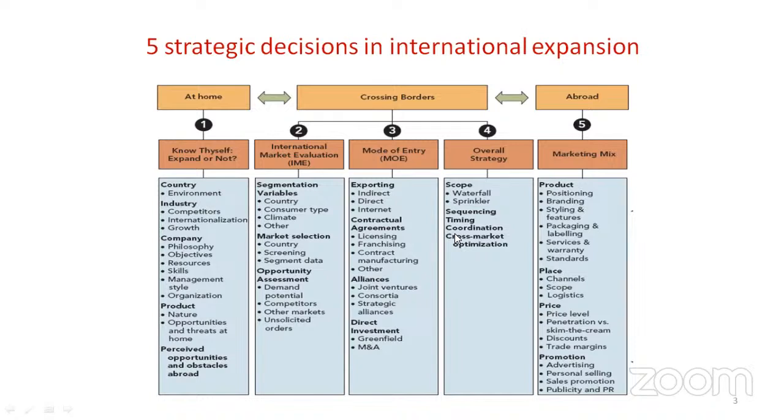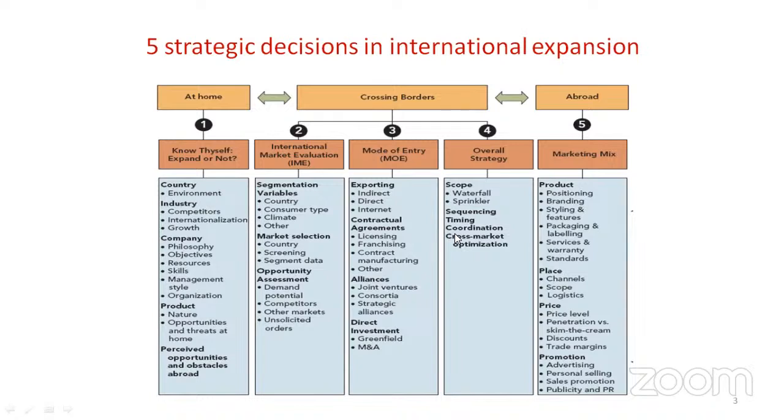The next one is strategic alliances, like entering into new markets. If you see in insurance, strategic alliances are there, and similarly you are seeing strategic alliances in the automobile industry also. Now the next one is direct investment, that is greenfield and mergers and acquisitions.